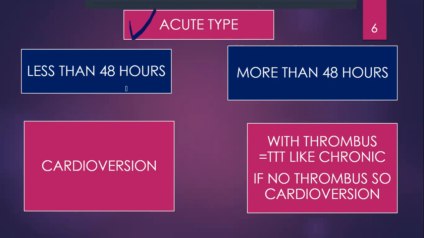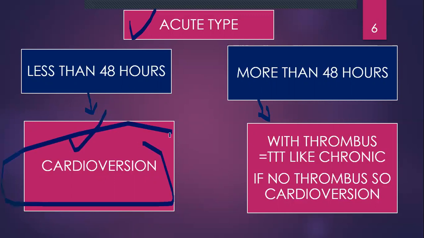For the acute type, and this is something we surgeons have met many times, the key is less than 48 hours or more than 48 hours. If the presentation is less than 48 hours, the possibility of having thrombus is very low, so we proceed to cardioversion.